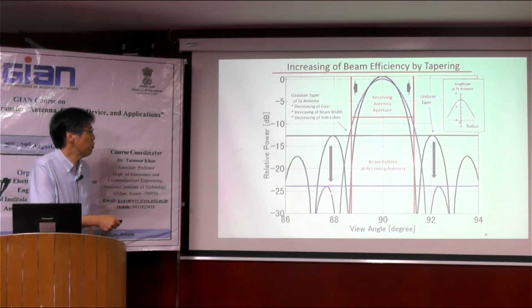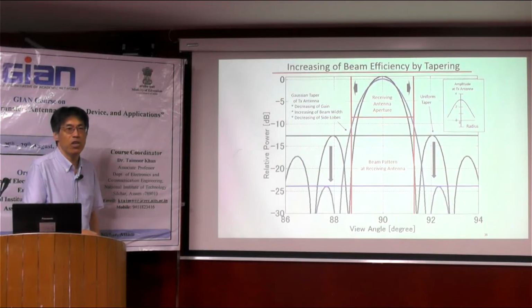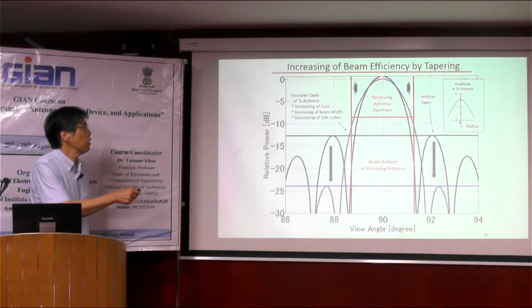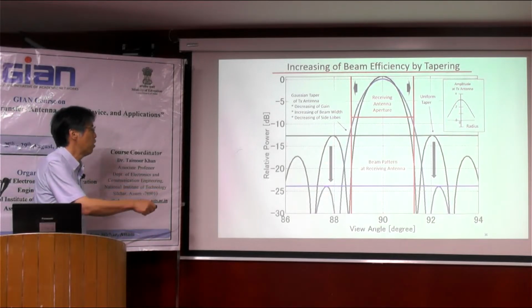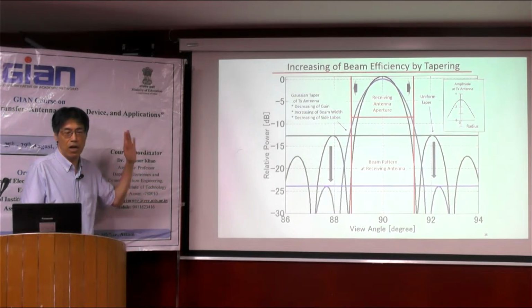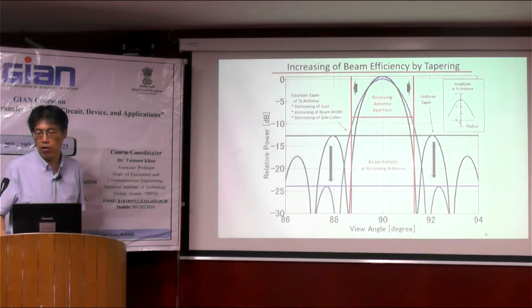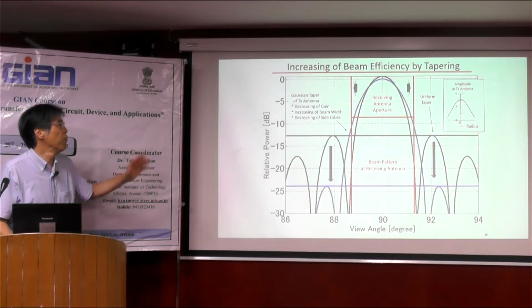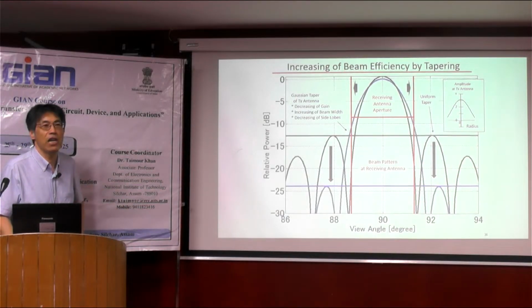The side lobe power moves to the main lobe. So this is a comparison between the normal beam and the beam by the Gaussian taper: small front gain but fat beam and low side lobe. It's a characteristic of the Gaussian taper power beam, and efficiency becomes higher.